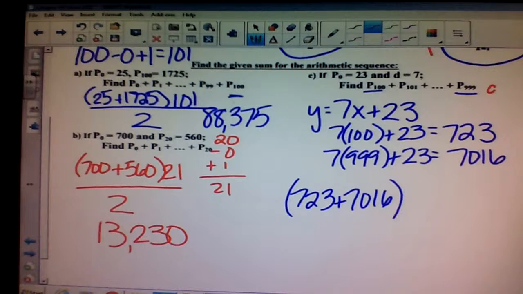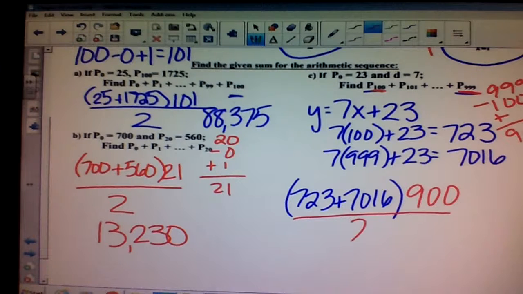So you would do 999 minus 100 plus 1. There are 900 numbers. Again, this number minus this number plus 1 every time. Divided by 2.